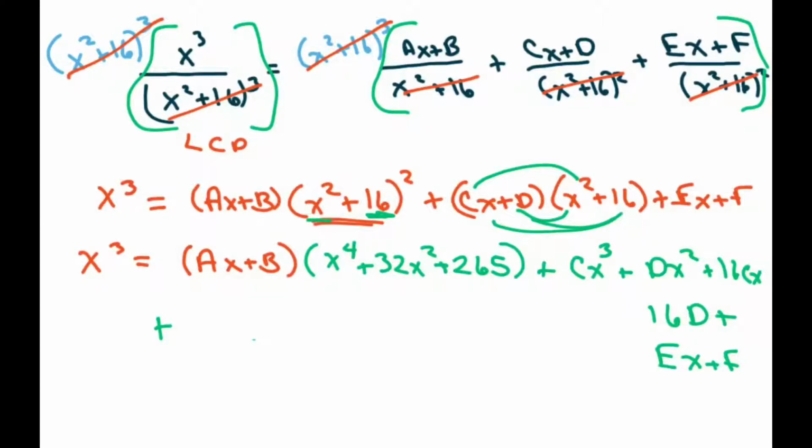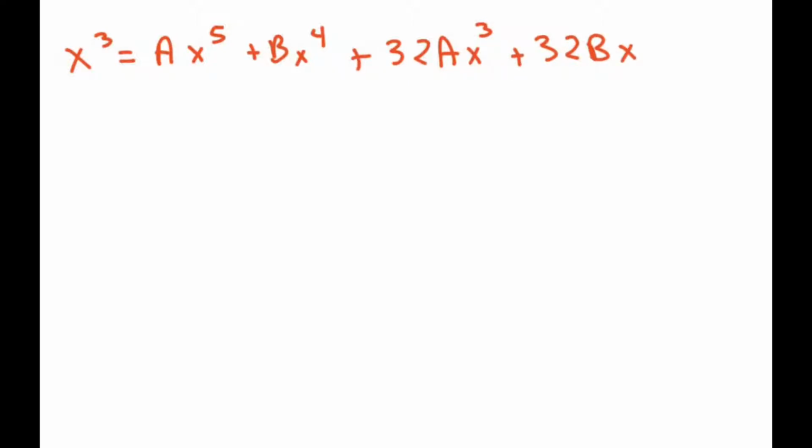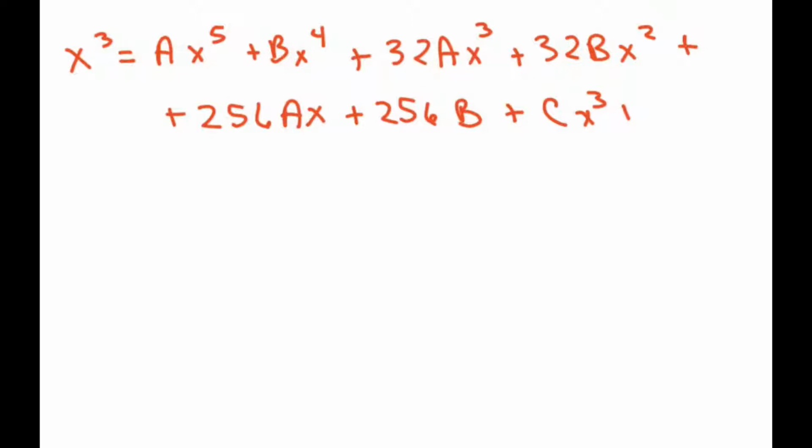Now I'm going to straighten it up on the other one. So finally, when you clean all this up and distribute my a and my b, you're going to get x cubed equals ax to the fifth plus bx to the fourth plus 32ax cubed plus 32bx squared plus 256ax plus 256b plus cx cubed plus dx squared.